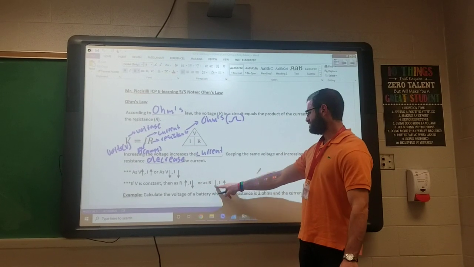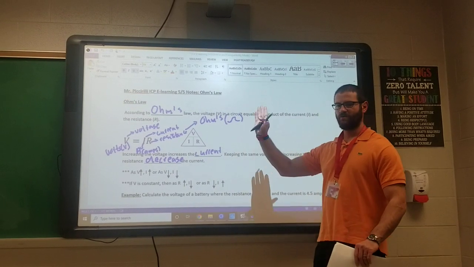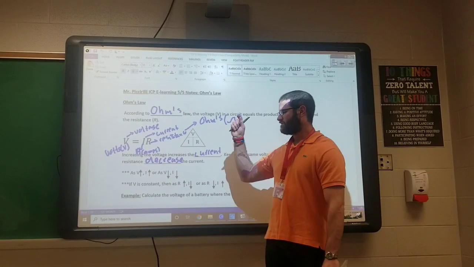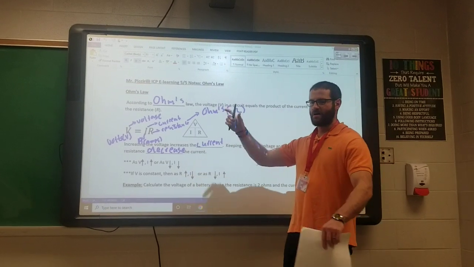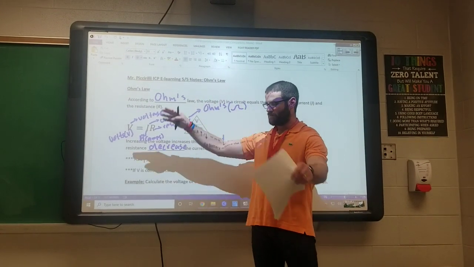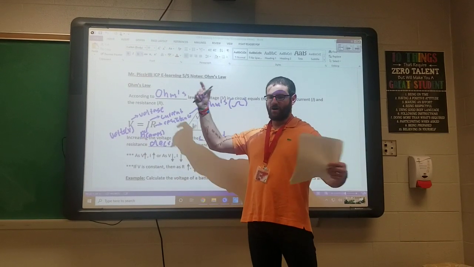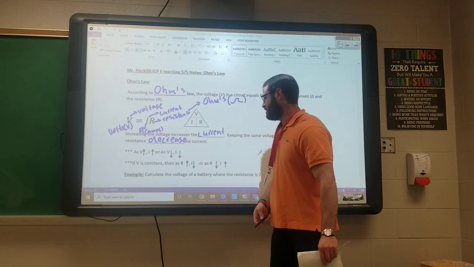Or if we decrease the resistance, the current's going to go up. More charge will flow the less resistance we have. We talked about different amounts of resistance depending on the thickness or the length of a wire. A thicker wire has less resistance, more places for the charge to flow. And a shorter wire would have less resistance because there's less distance for it to flow, and vice versa.